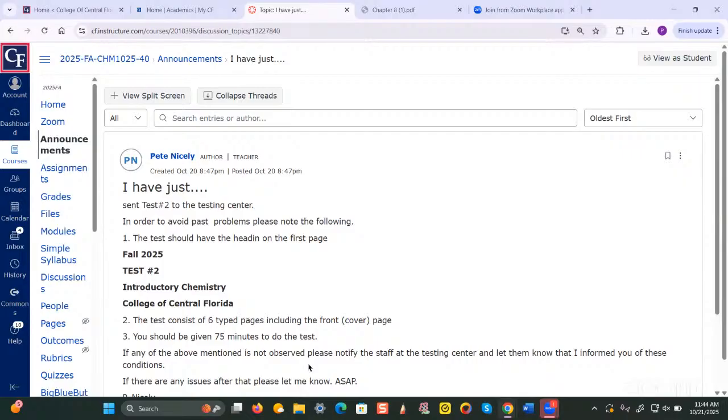or previous semesters. Also, I've made sure that I've counted the number of pages, right? 6 typed pages, including the front page, all right? So if you get a test with less than that, then speak up, all right? Let them know that you should have 6 typed pages, right? And also, again, this has been an issue.